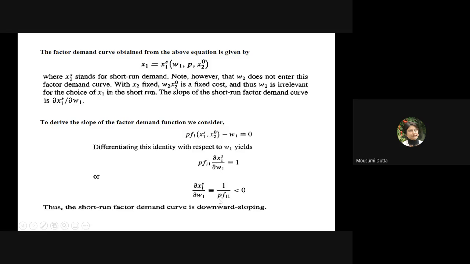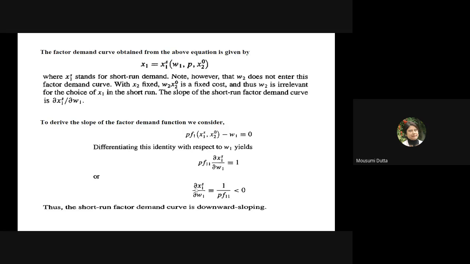P is price and that is positive. So this entire factor in the right hand side is negative, which in turn indicates the short run factor demand curve is negatively sloped.